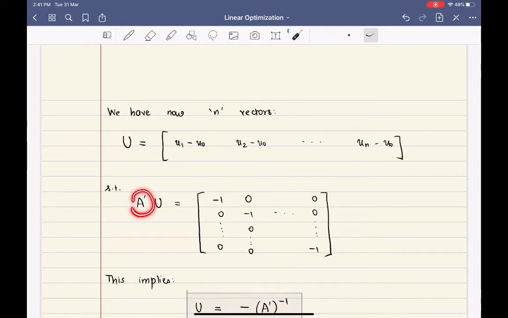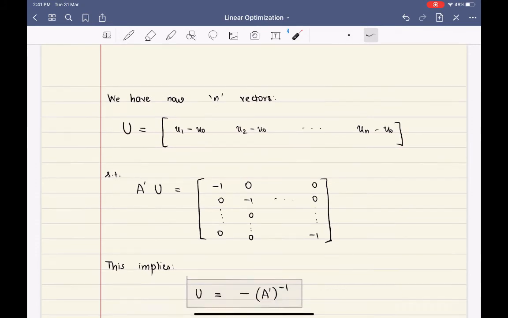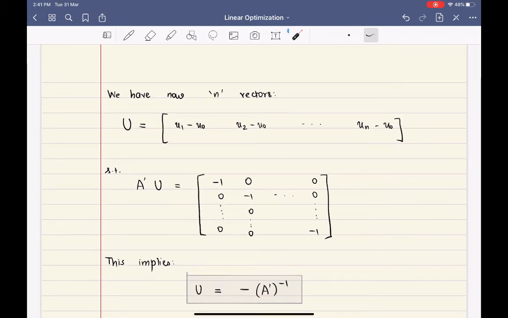So A prime of u1 minus u0 will be this thing, A prime of u2 minus u0 will be this thing, and so on. So we get this. So what does this show? This shows that this matrix is the negation of A prime inverse. Note that A prime has full rank and there is an inverse.